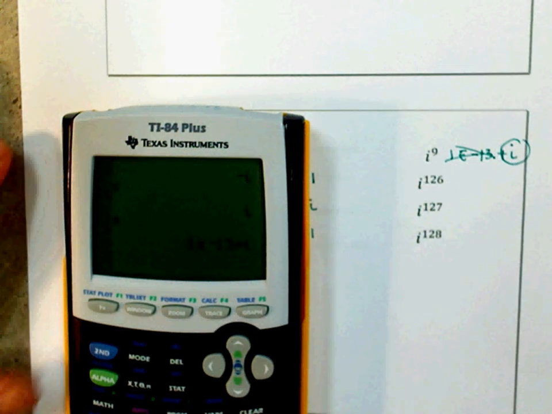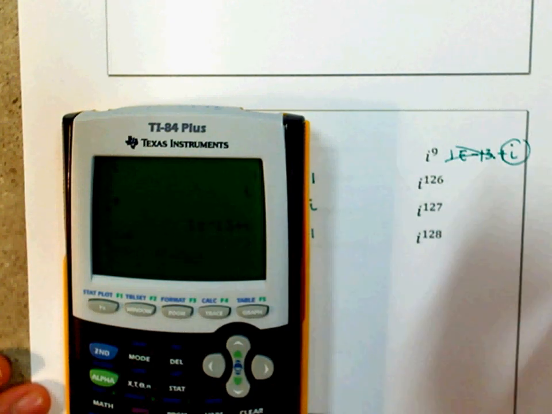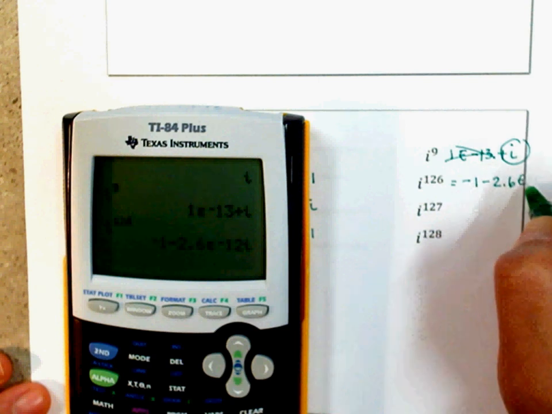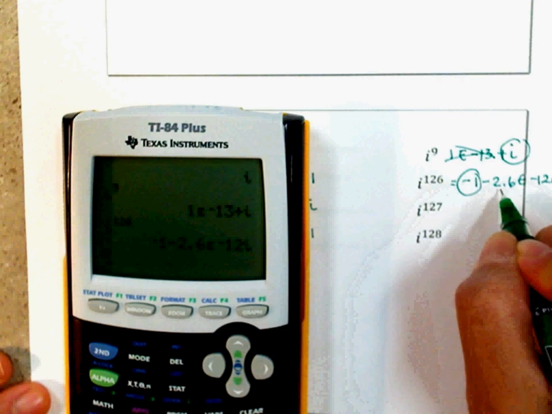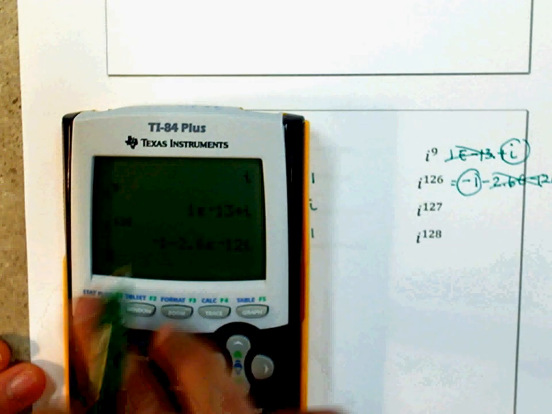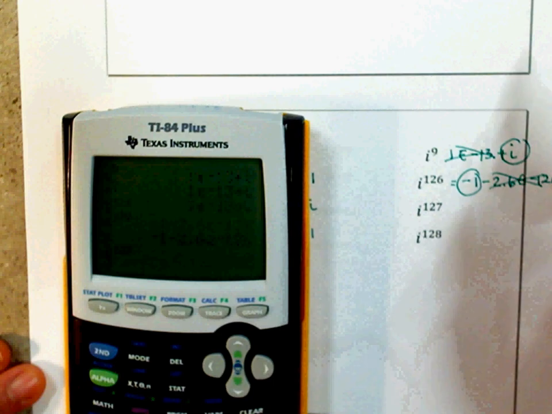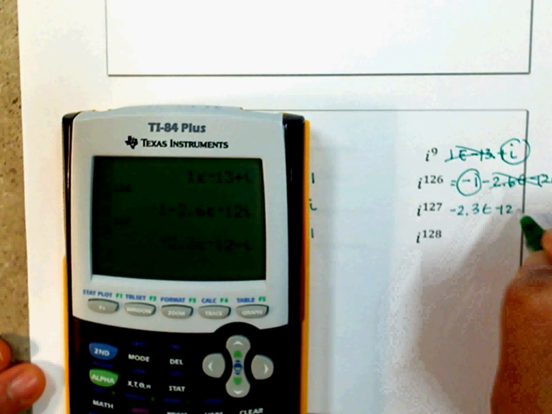Isolate the variable. i raised to the 126 comes out to be negative 1 minus 2.6 e negative 12i. You see how that e negative 12 is isolated? Ignore it. So you can really only have 4 answers. Second i raised to the 127 comes out to be negative 2.3 e to the negative 12 minus i.